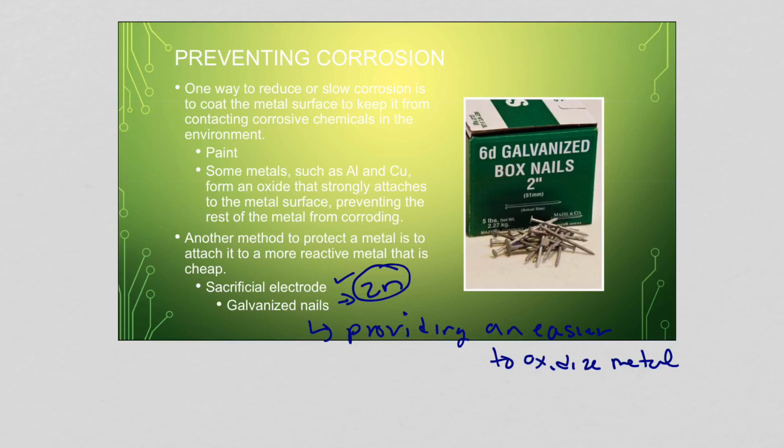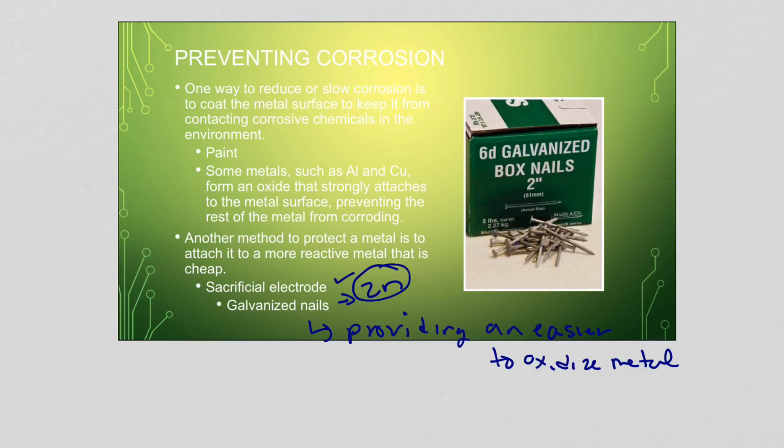And so as long as that easier to oxidize metal is present, then that's the one that's going to be oxidized. We talked about the opposite in electrolytic cells. If we had a mixture of metal ions, the one that's easiest to reduce would be reduced. Same thing here. If we have two metals, the one that's easiest to oxidize will be oxidized as long as they're in physical contact with each other, or at least electrical contact.